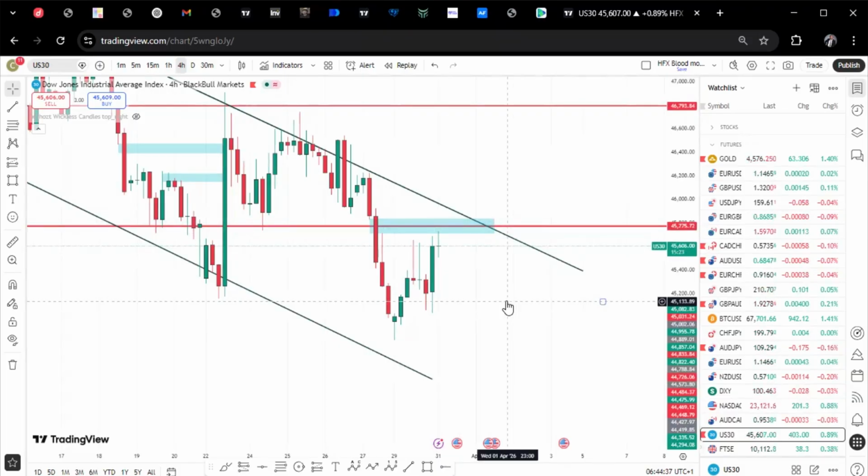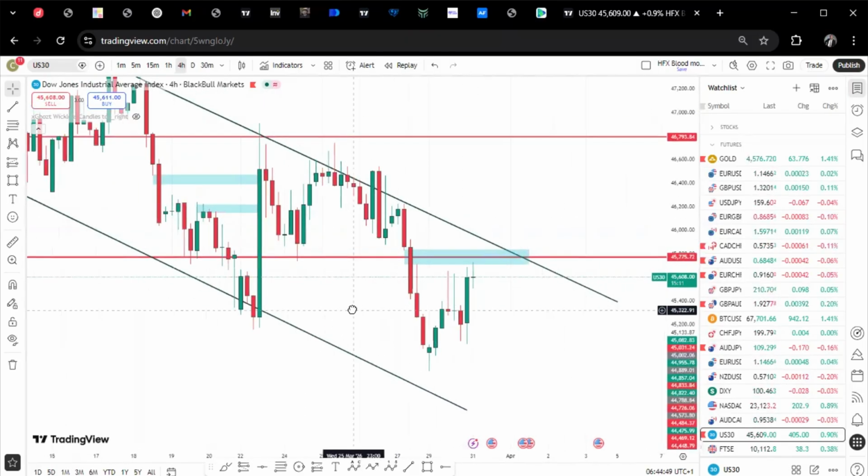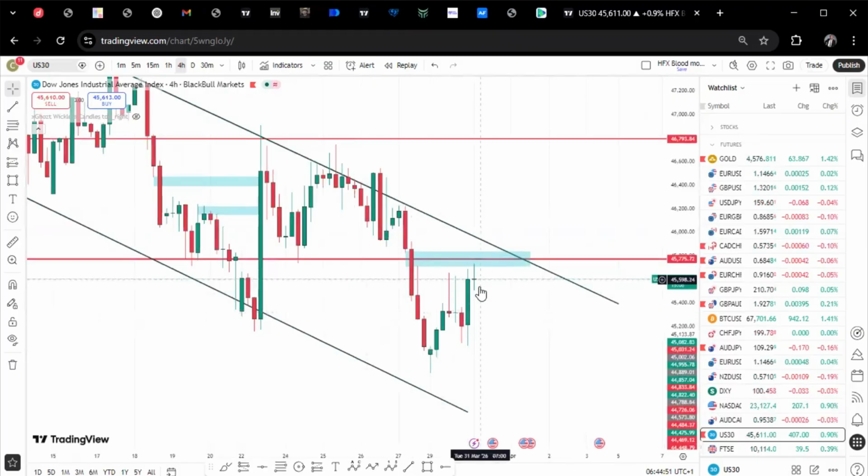I want it to sell, but I'm looking for an entry above where the market will get to and then sell. So what next? I'll use my Fibonacci. But before that, I'm already seeing a low.